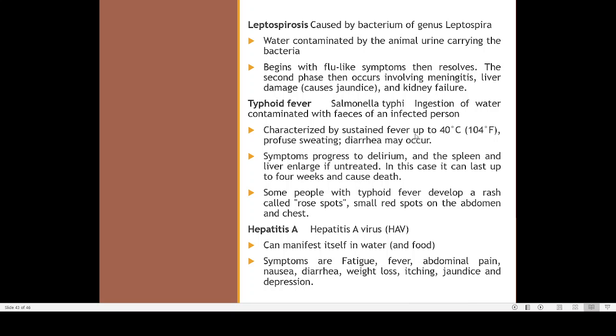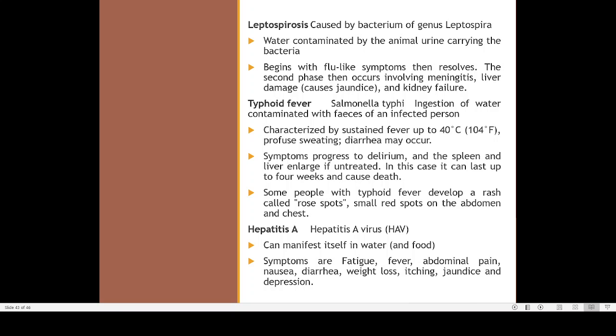Here there is a sustained fever, that is 104. You know what will be the situation when even our temperature increases to 101 or 102. So what is the case when temperature is increased to a very high level of 104, above 40 degrees centigrade? It is too much fever, and that can lead to profuse sweating, and there will be diarrhea.